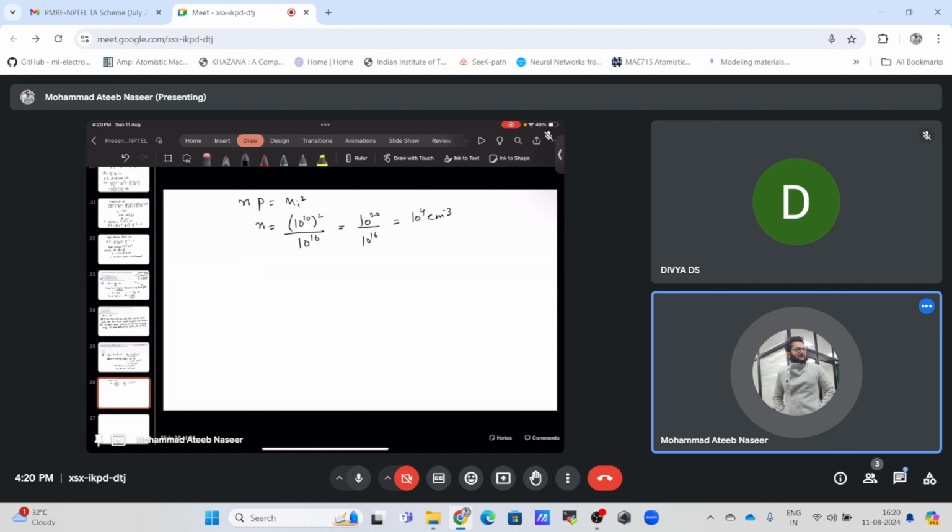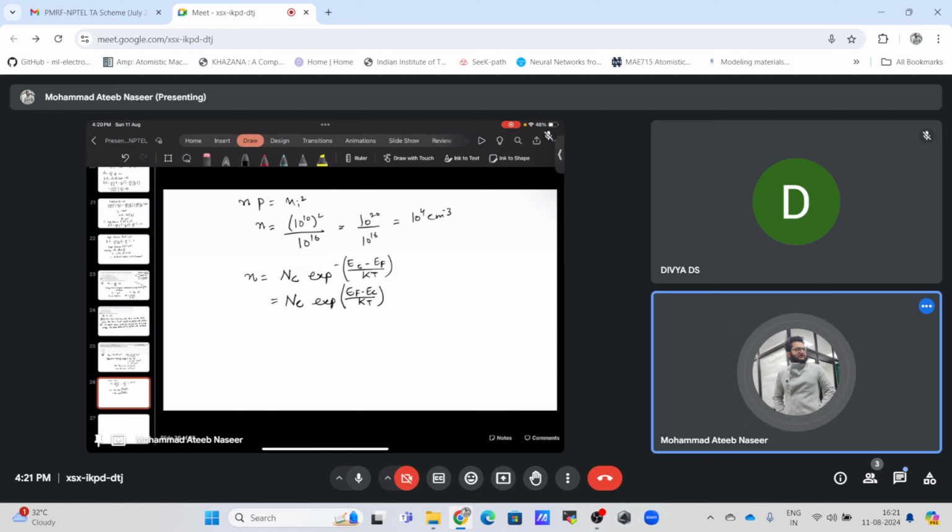Now we know that the concentration of electrons is simply Nc times exponential of minus (Ec minus Ef) by kT, or simply Nc times exponential of (Ef minus Ec) by kT.